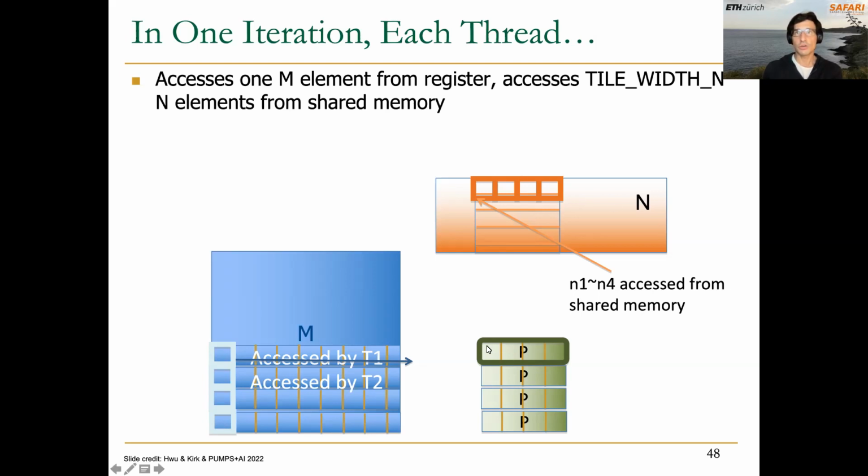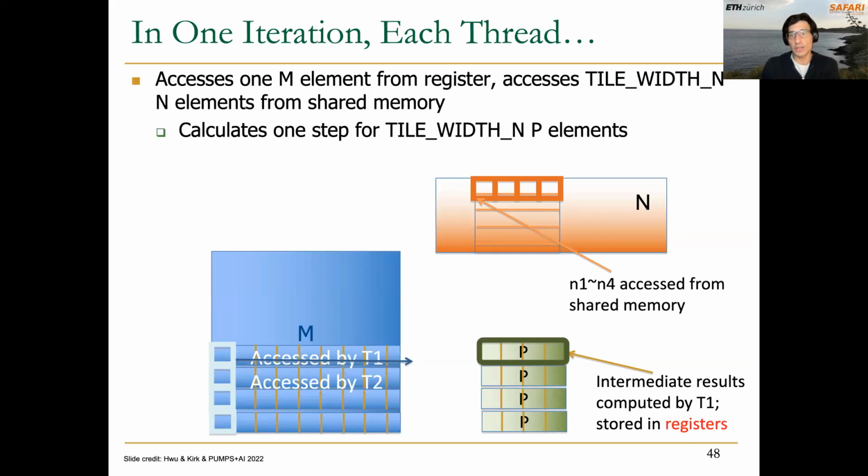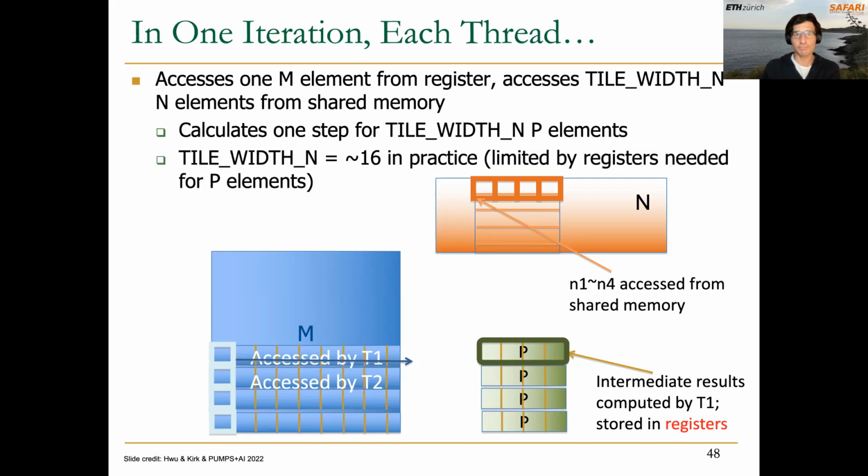So thread 0 performs partial calculations for these 4 elements of matrix P by accessing this value here in one register, and then accessing these 4 values here from shared memory. So it calculates one step of 4 tile width N elements of P. And these intermediate results computed by this first thread are stored in registers.